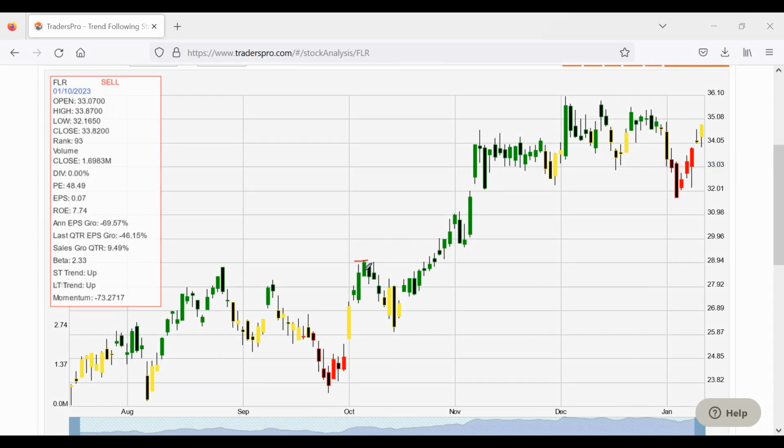I could take the distance of this correction right here and project that upward. It broke right through that, but it's kind of interesting that suddenly that distance became the support right into here.